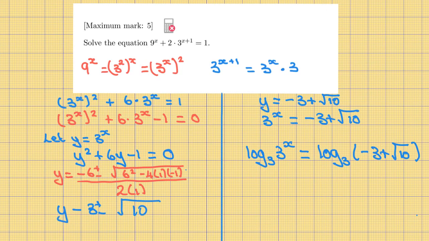Log base 3 of 3 to the power of x is just x, so therefore x is equal to log to the base 3 of minus 3 plus root 10.